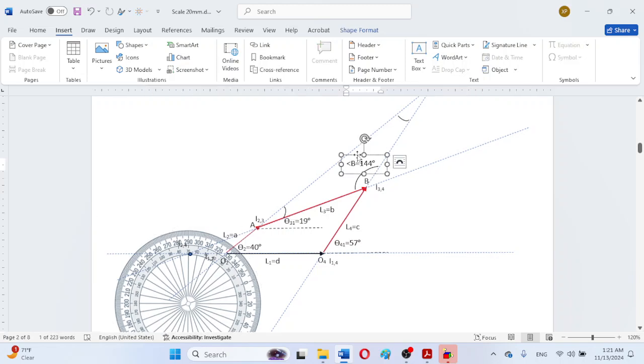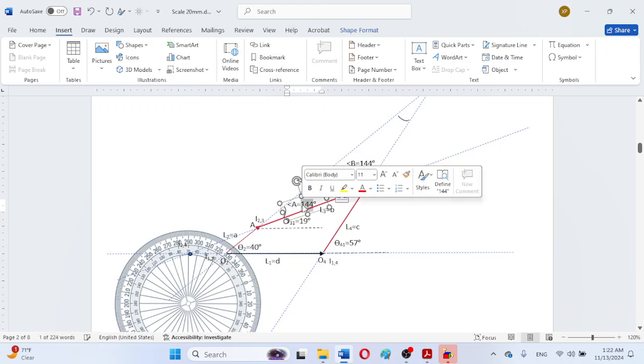So we can copy and paste this label again here at this location, and we can show it with the help of point A. For example, the angle at A is 19 degrees approximately.